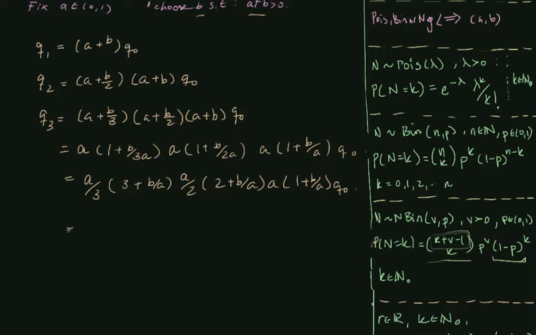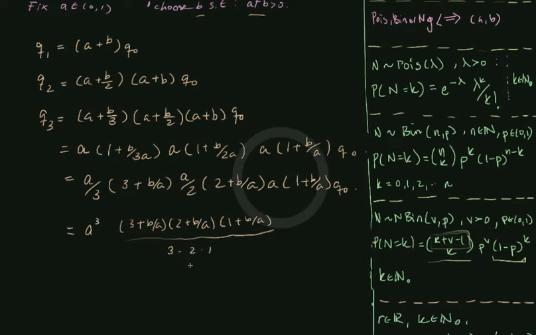And what I see now is I can gather the A terms, so I have A to the third, and I have also got 3 plus B over A, 2 plus B over A. So a pattern is kind of emerging here. And I can divide all of this by 3 multiplied by 2 multiplied by 1, which is, you guessed correctly, 3 factorial.